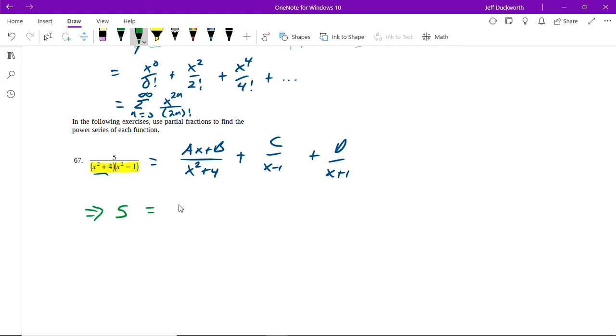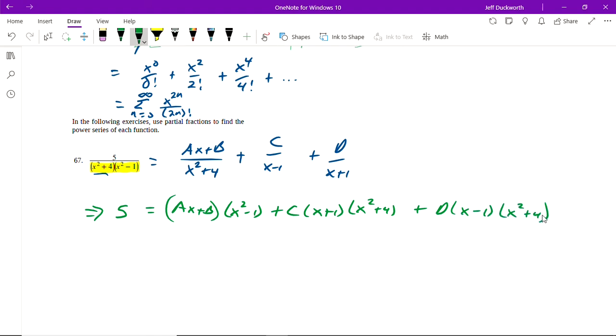I'm left with ax plus b times the quantity x squared minus 1. And then I'm only left with x plus 1 times c, so c times the quantity x plus 1. And, oh, no, we also have the x squared plus 4, because we're only losing that, we're left with everything else. And I guess we'll have the d with the x minus 1 times the x squared plus 4. So this is what we have when we're trying to solve for everything else.